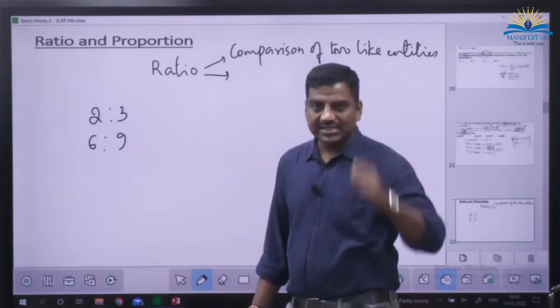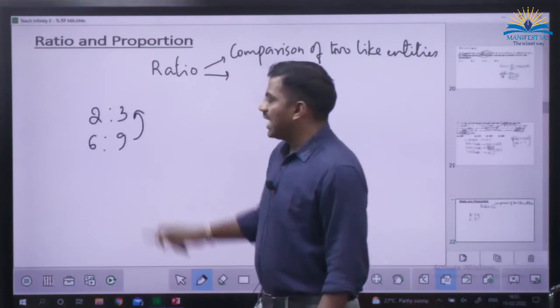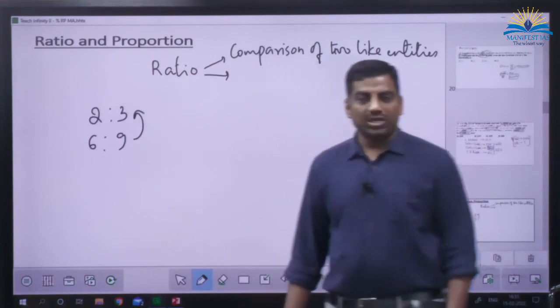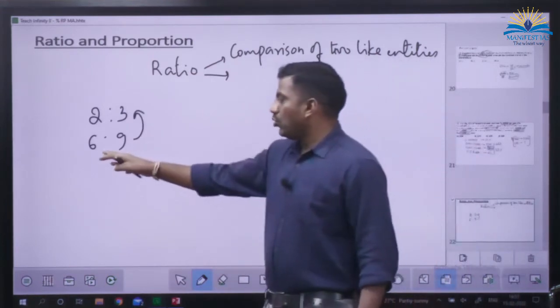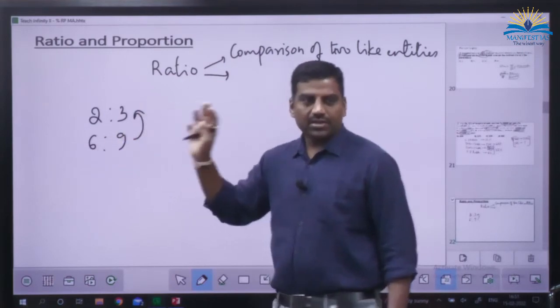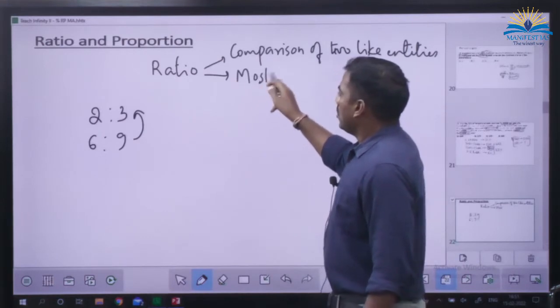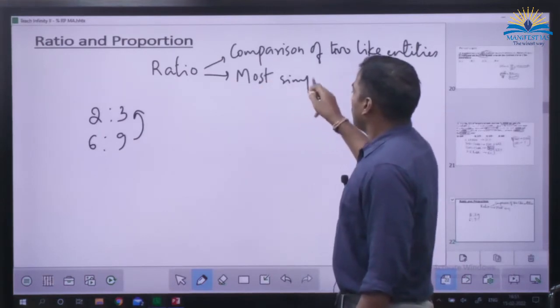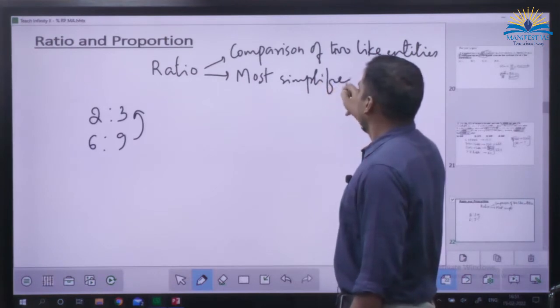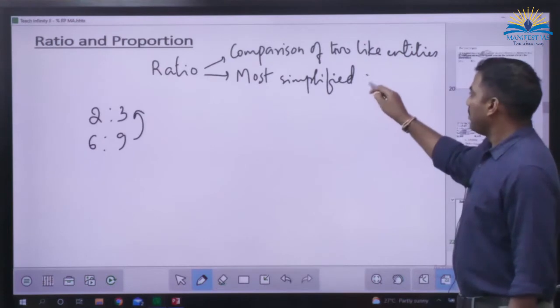But we end up writing the answer as 2:3 only because we don't want to cancel the common factor out of them any further. So this is the most simplified comparison.